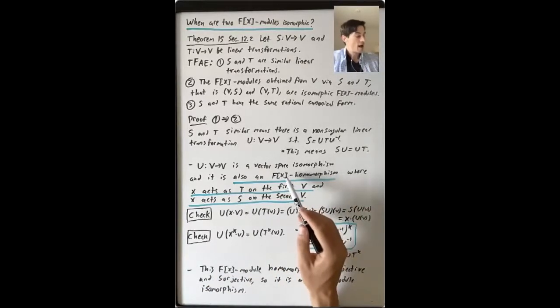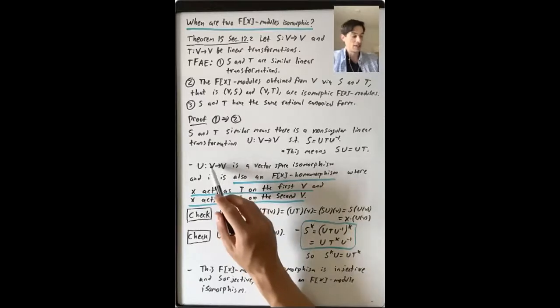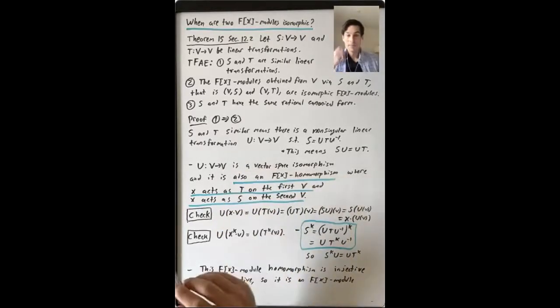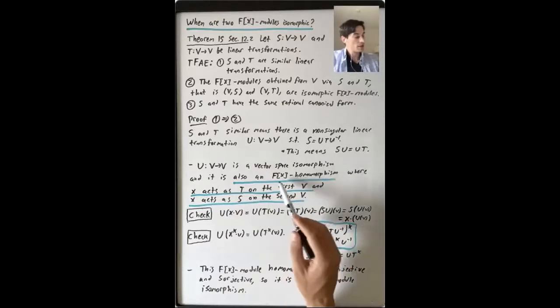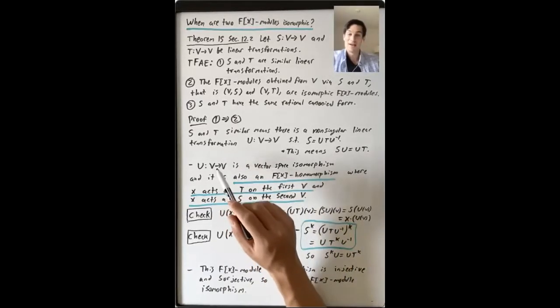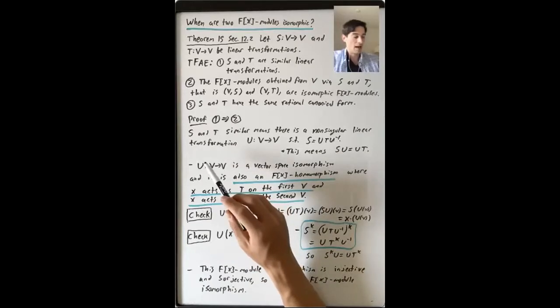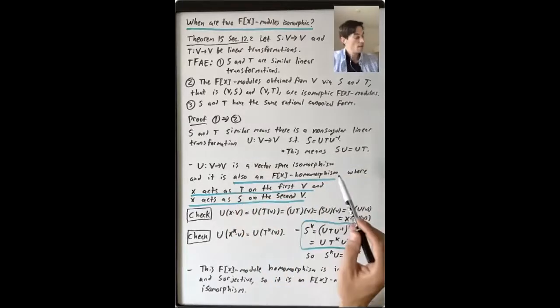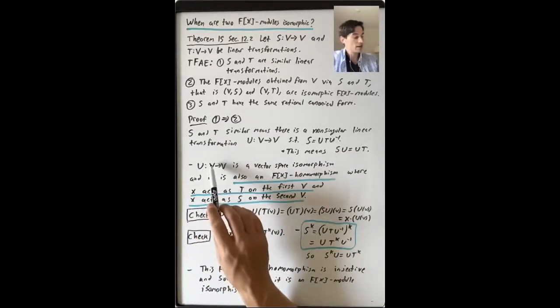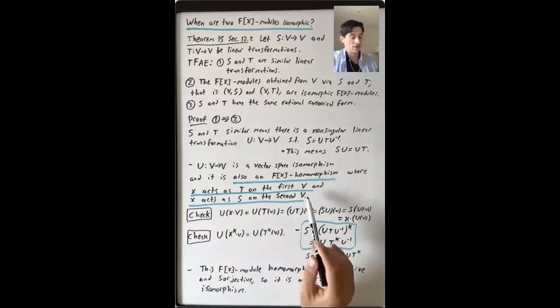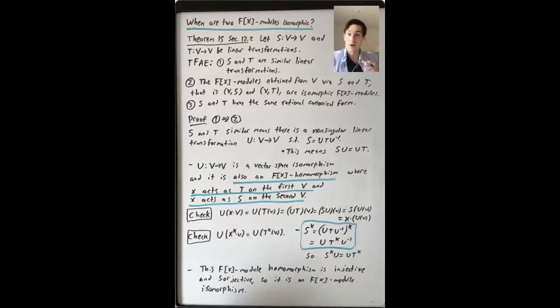So we need to know, how does x act on each of these V's, the first one and the second one? And usually, when we talk about a linear transformation turning V into an F[x] module, x acts the same way on both of these copies of V. But here we're going to have x act as T on the first V and x acting as S on the second V. So for concreteness, what does that mean?